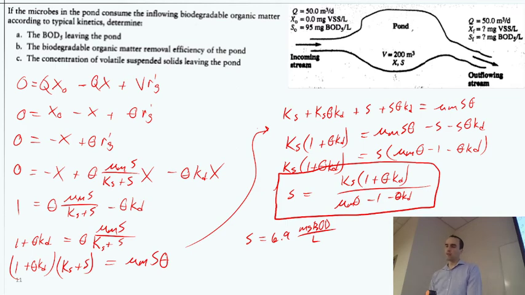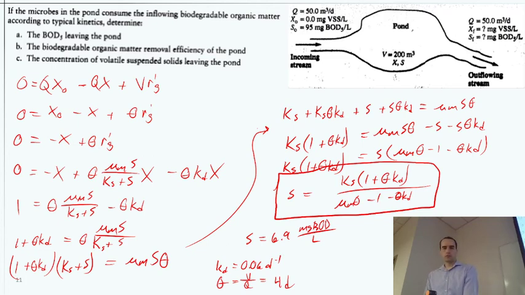So we'll have to solve for the different steps along the way. For example, we found KD from the lookup table, 0.06 per day. Theta is V over Q. And that would be 4 days. So 200 divided by 50 should be 4.